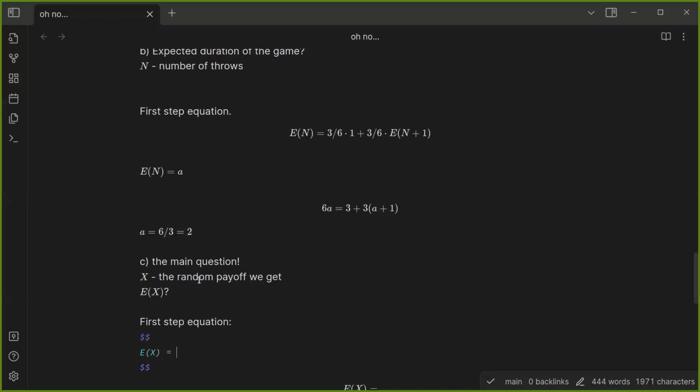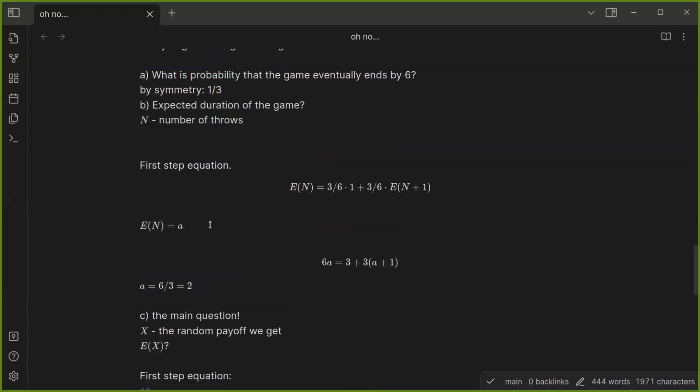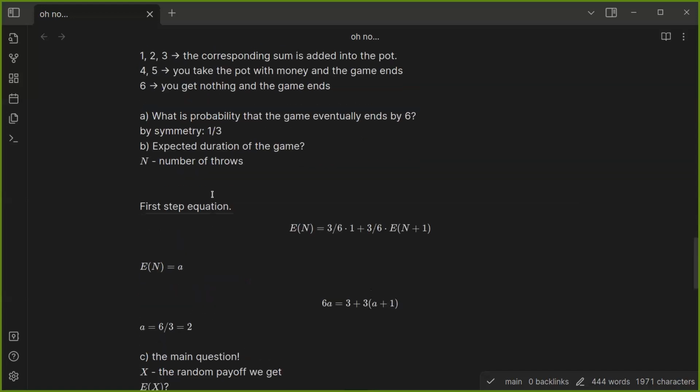But it is actually not, because 1, 2, 3 is not counted. It can just happen endlessly many times. In point B, we don't care about the value in the pot. We just care about the duration of the game. I think his question is about point A, the previous one. No, it's actually about point B.